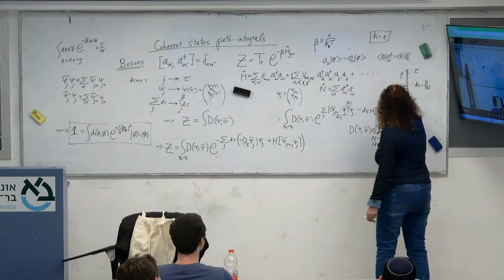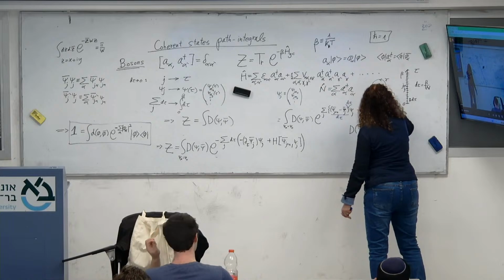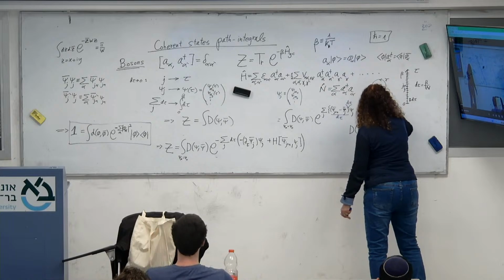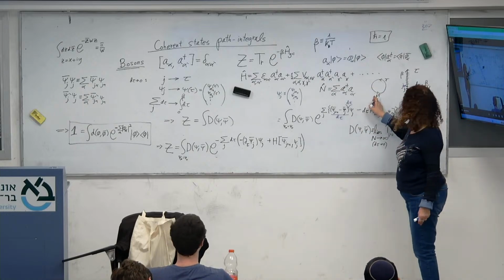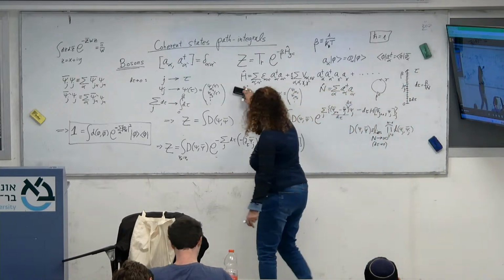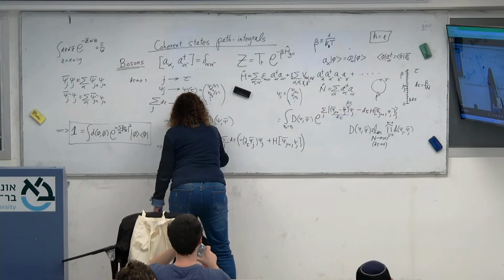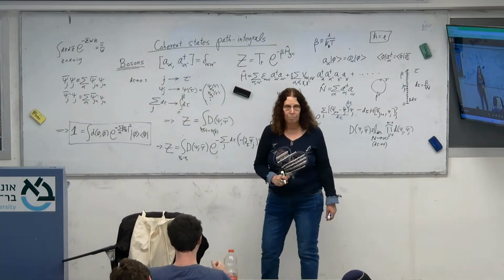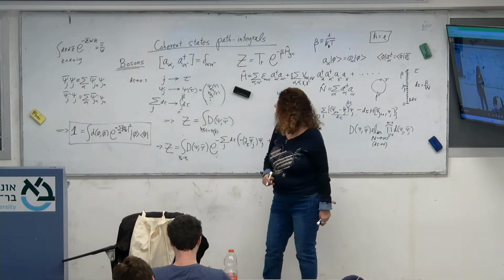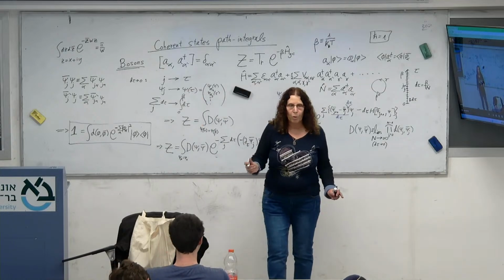So the tau axis wraps on itself, and it's a circle where the points 0 and beta are identical. We can write it as psi of 0 equals psi of beta. The field psi of tau has periodic boundary conditions.